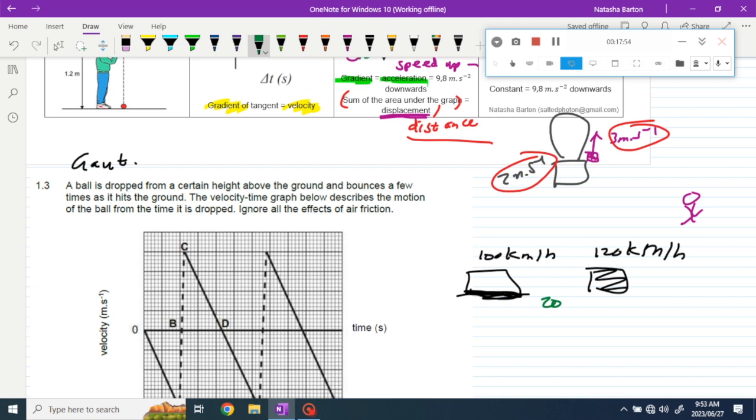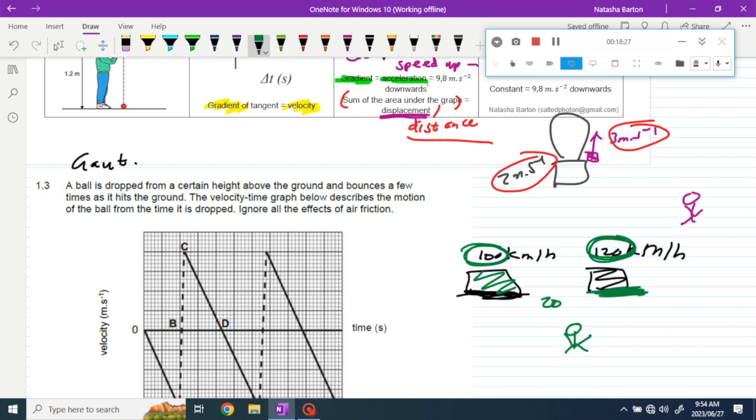It's about relative motion. Where am I and what do I see in my frame of reference? For the person standing on the side of the road, they are going to say this one's moving at 120, this one's moving at 100. For a child seated in this car who isn't paying attention to the surroundings, if you ask how fast the other car is traveling, they may even say it is traveling away from them at 20 kilometers per hour.